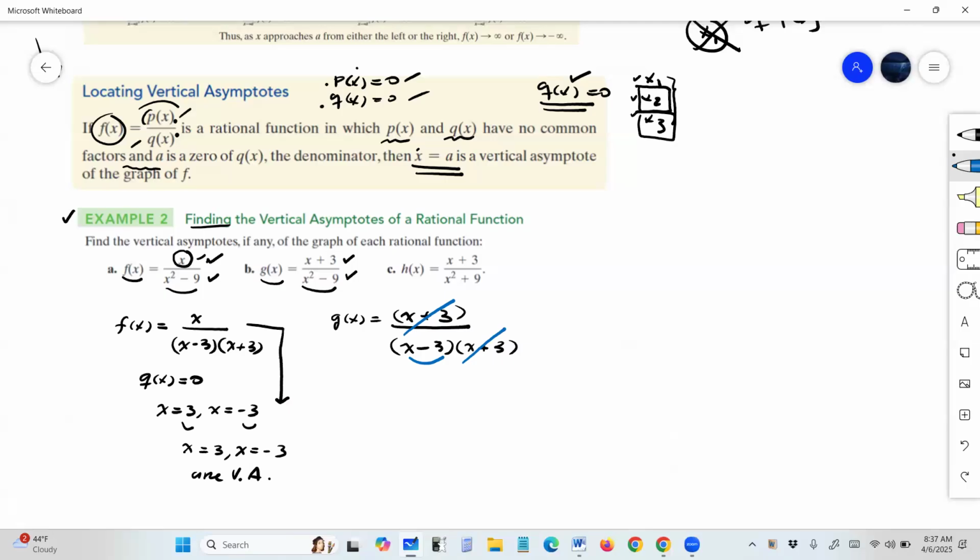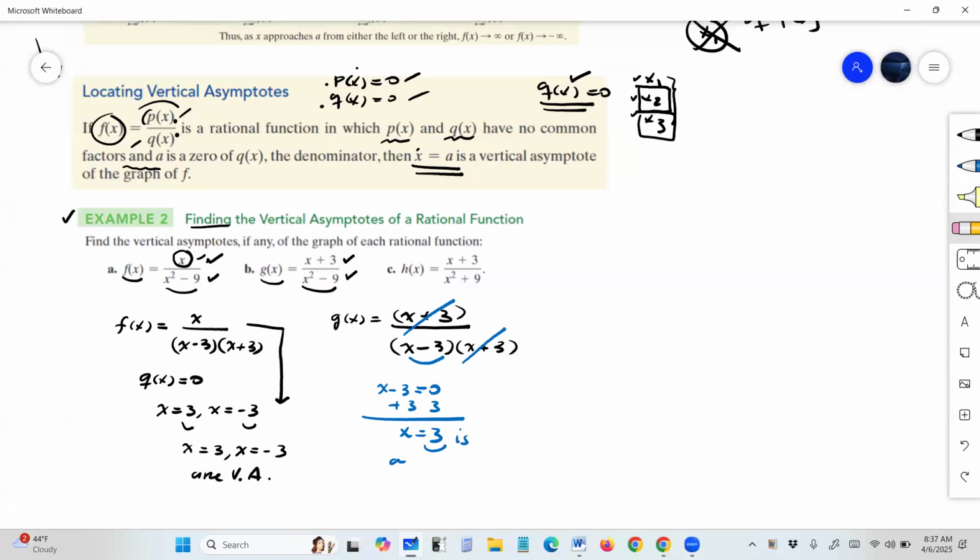I would set x minus 3 equals 0, and I would solve it for x. So I would get x equals 3. This is my only vertical asymptote. Okay, x equals 3 is a vertical asymptote.